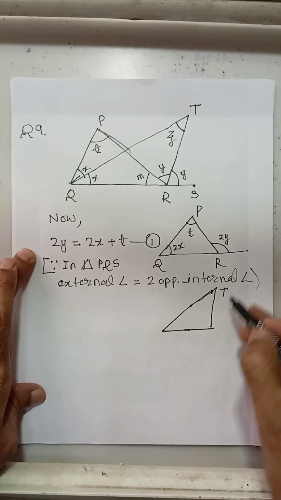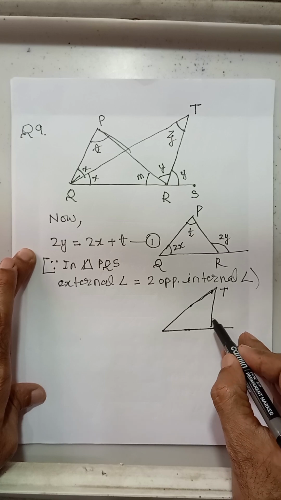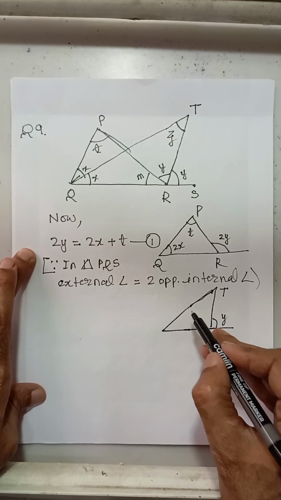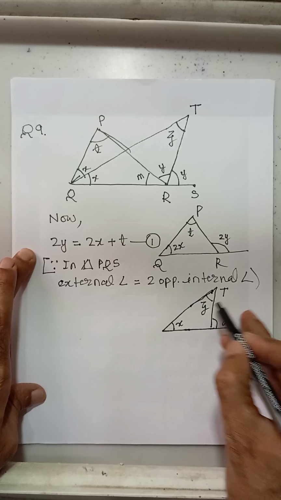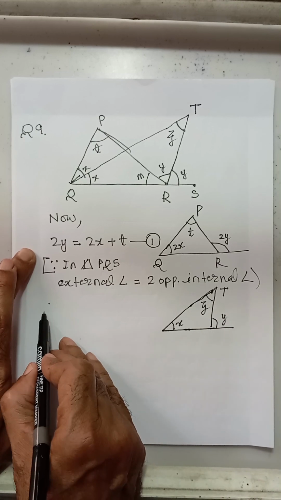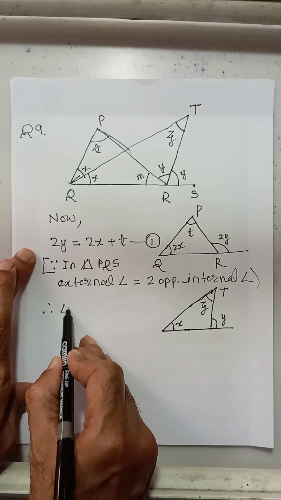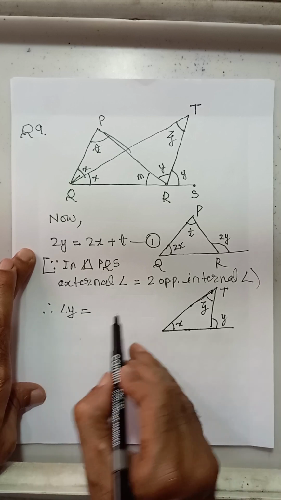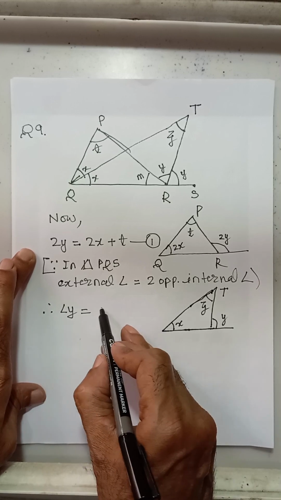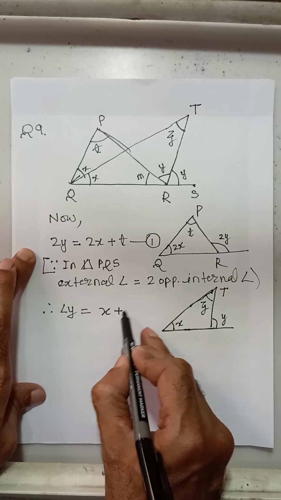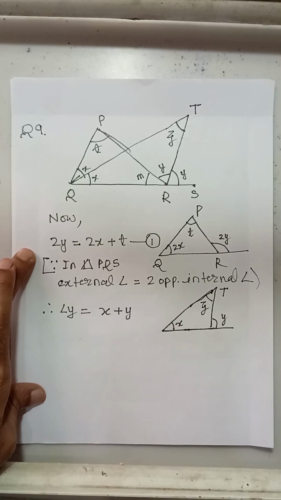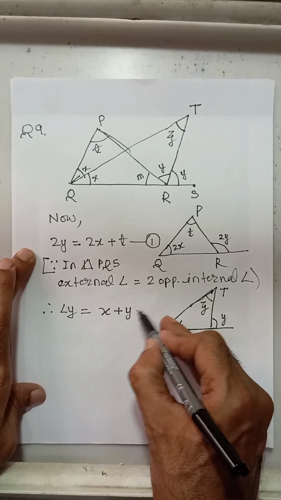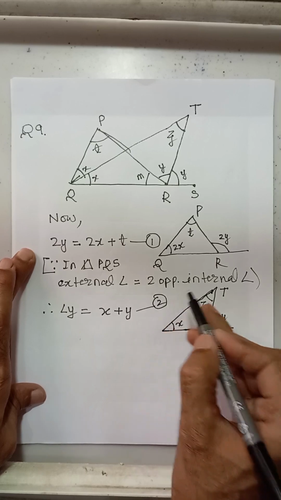Here it is T, here it is Y, here it is X, here it is Z. So therefore, angle Y is equal to X plus Z. The reason is the same as above. Let this be equation 2.